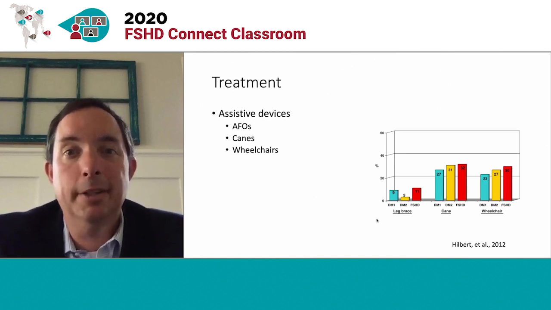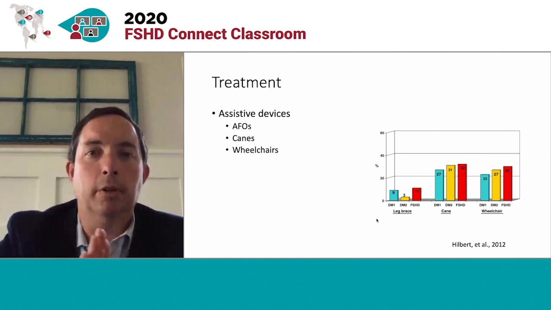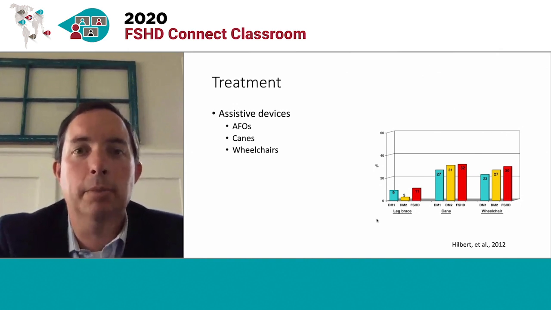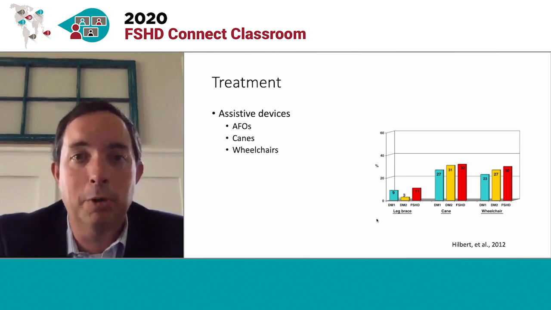One of the biggest deals and a big safety issue is that as that calf weakness gets worse, people can lose the ability to bring their ankle up as much as they need to when they're walking. That can cause trips. Those trips can lead to falls. Those falls lead to broken bones.